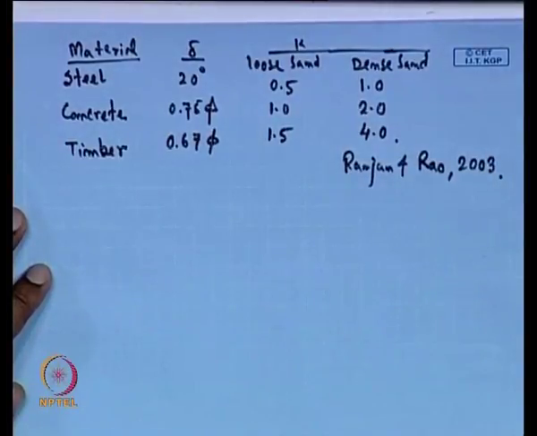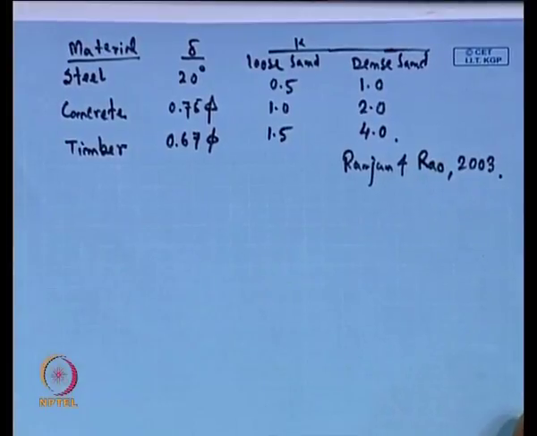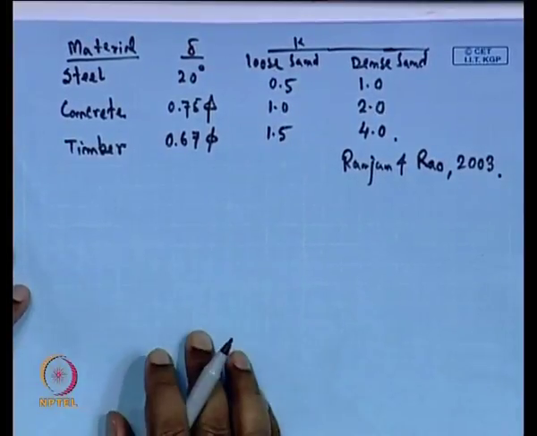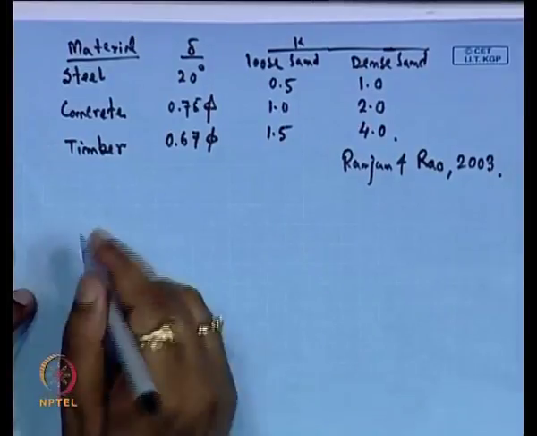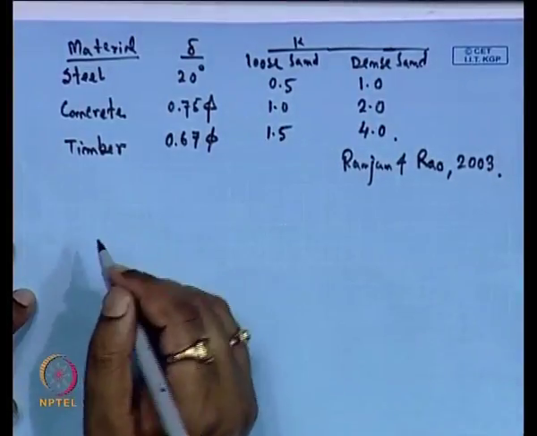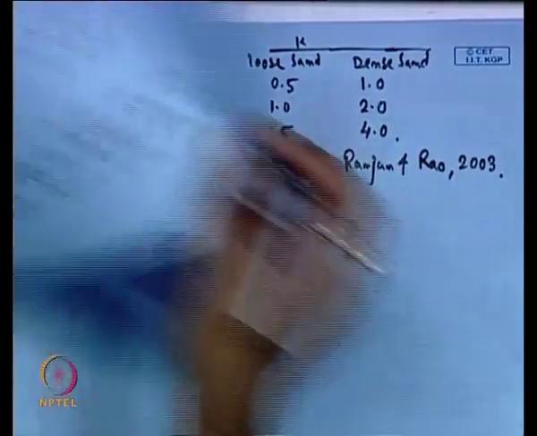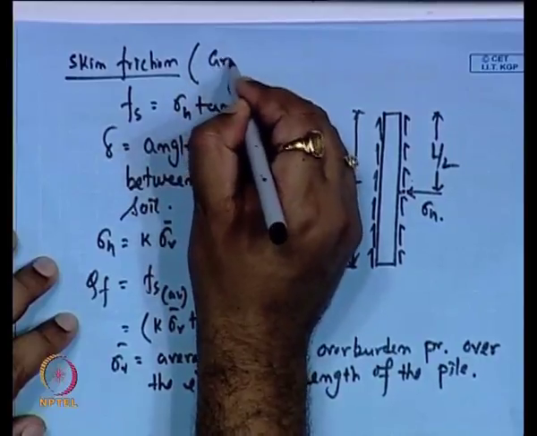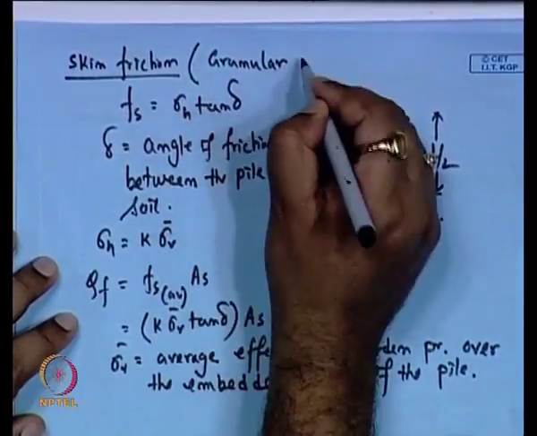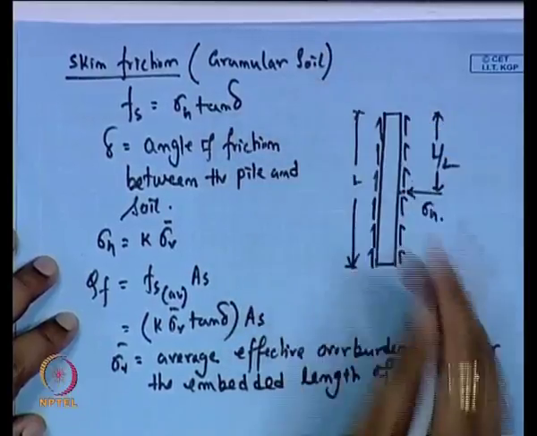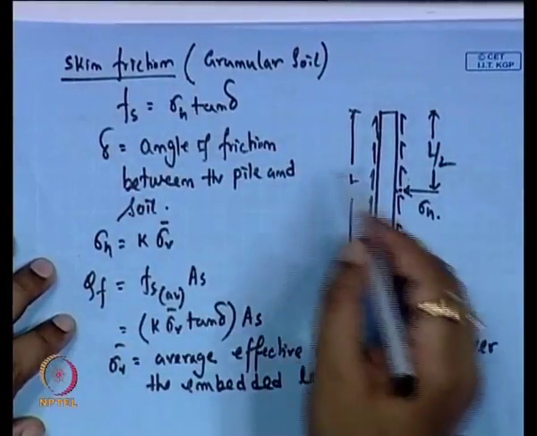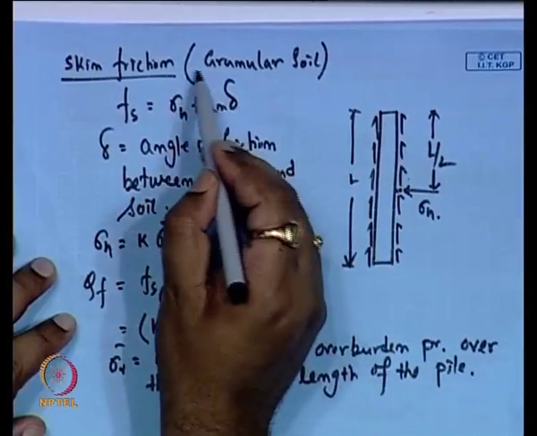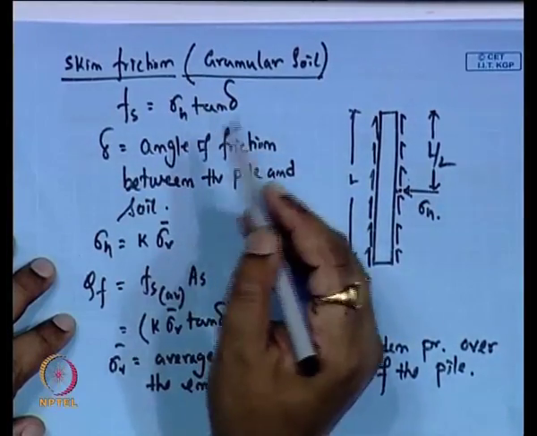Now, one thing: we are talking about piles in cohesionless soil or granular soil, that means sand or gravel. So, this frictional resistance that we are calculating is basically for sandy or granular soil.